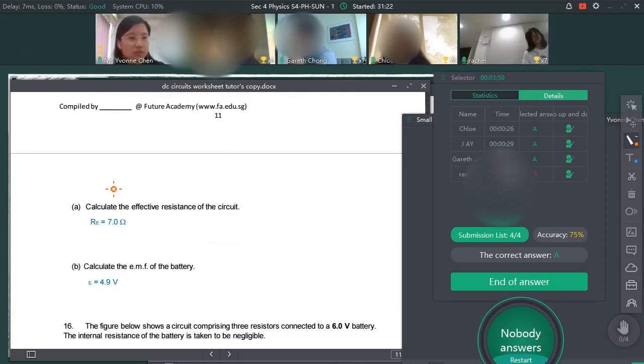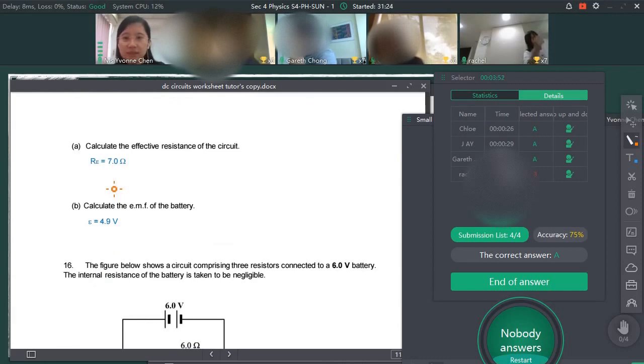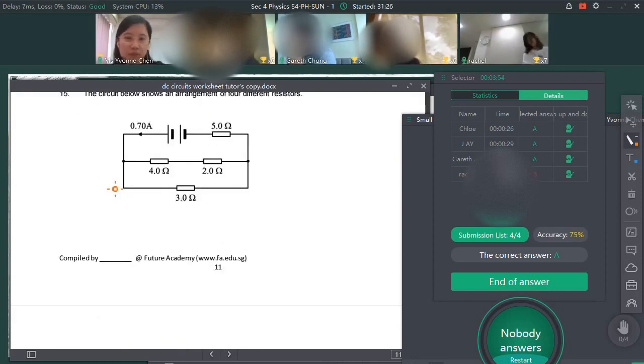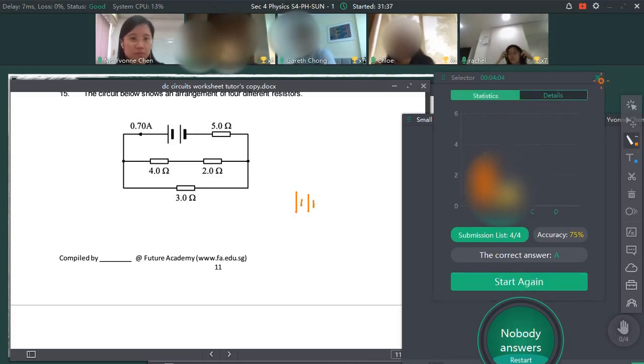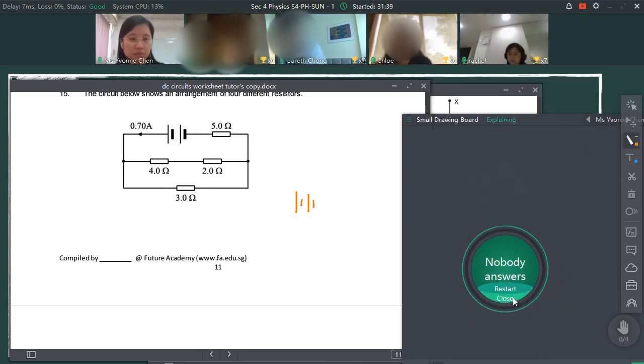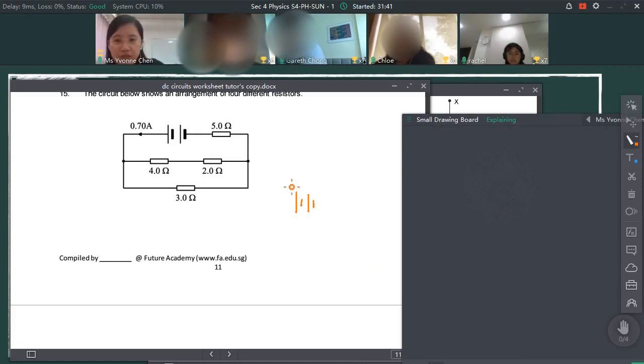In order to find the effective resistance of the circuit, we have to simplify the circuit first. Then we can combine these two resistors into one single one, which is 6 ohm.